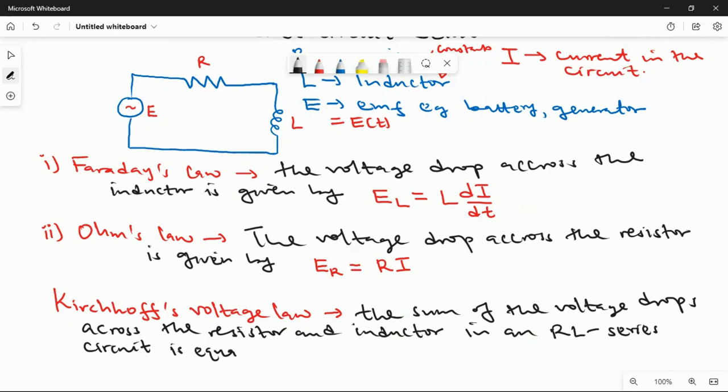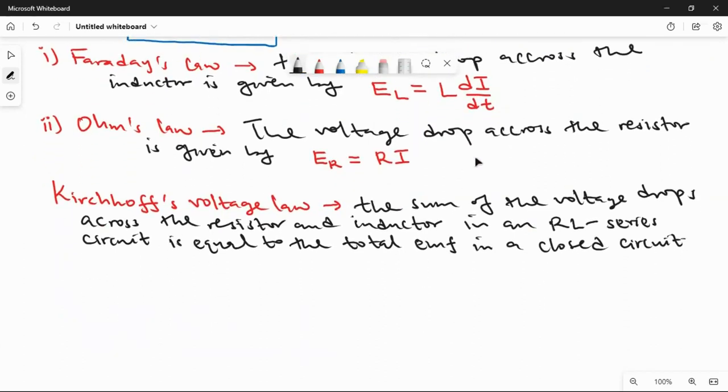EMF is electromotive force or the impressed voltage, total EMF in a closed circuit. So what it simply means is that when I add the voltage drop across the resistor and that across the inductor, that will give us the electromotive force.